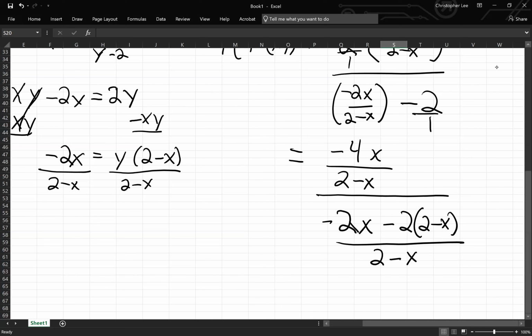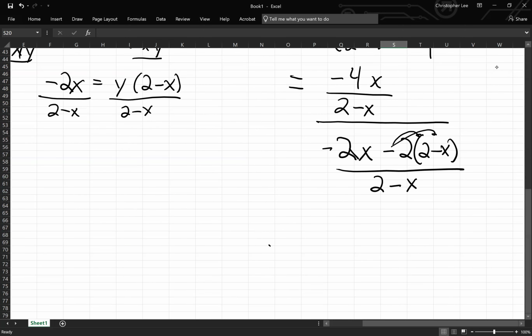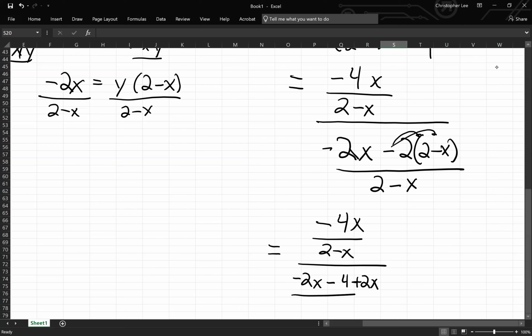All right? Distribute this, of course. So I have negative 4x over 2 minus x over negative 2x minus 4 plus 2x all over 2 minus x.